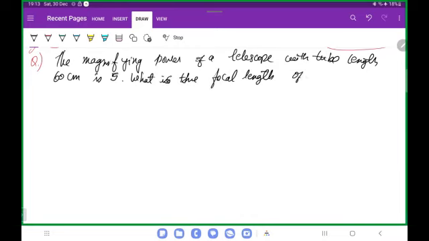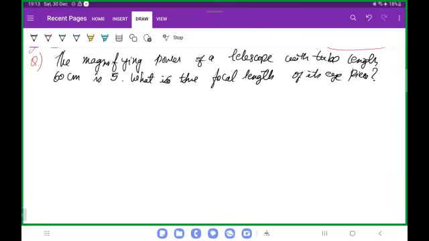Focal length of it is asked. So how to start this one? Magnifying power of telescope, the tube length. First thing, the formula. What's the formula for this?